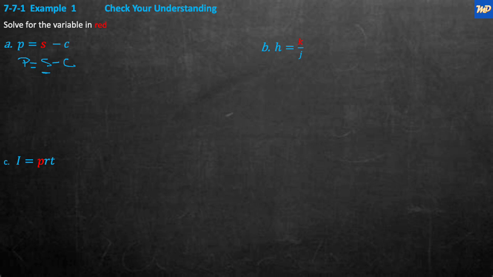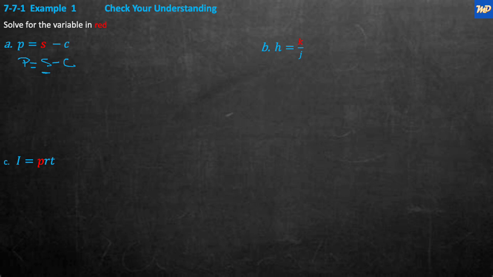Well, what is S going to be equal to? Just like any other 1 or 2 step equation we've been solving all along here, we have to get the S by itself. To get the S by itself, we're going to add C to both sides.